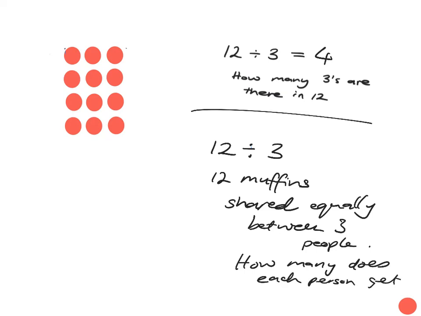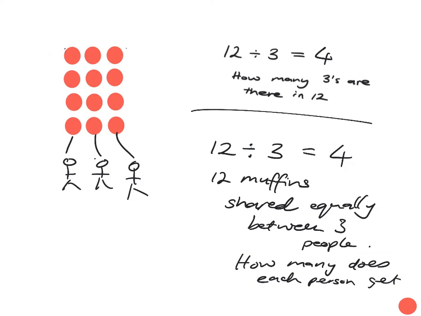So we've got these 3 little people, and they want to share these 12 muffins absolutely fairly, and you can hopefully see quite easily if this person takes that whole column, that person takes that lot, and that person takes that lot, it'll be absolutely fair, and each of them will end up with 4 muffins.